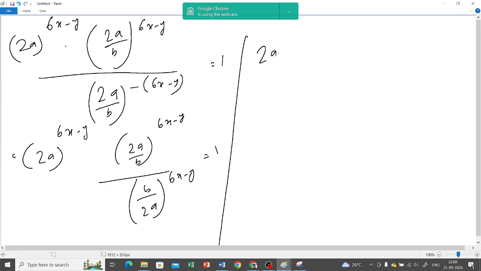Okay, so 2a to the power 6x minus y is going to be what? It's going to be 2a to the power 6x.